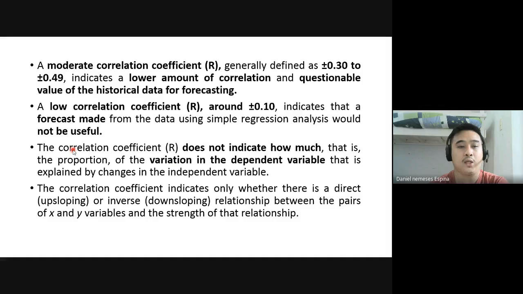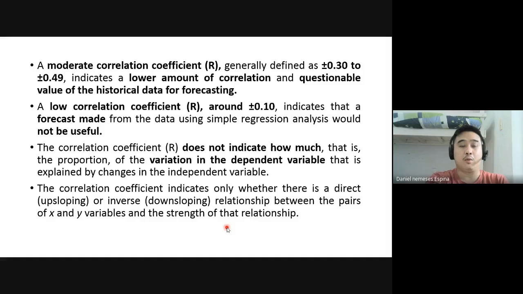So that is the weakness of the correlation coefficient, it does not indicate how much. So how much can we rely on the results of the correlation coefficient? What the correlation coefficient tells us is whether there is a direct or inverse relation between the independent variables and the dependent variables, and also the strength of the relationship. So whether it is close to 1 or far from 1.